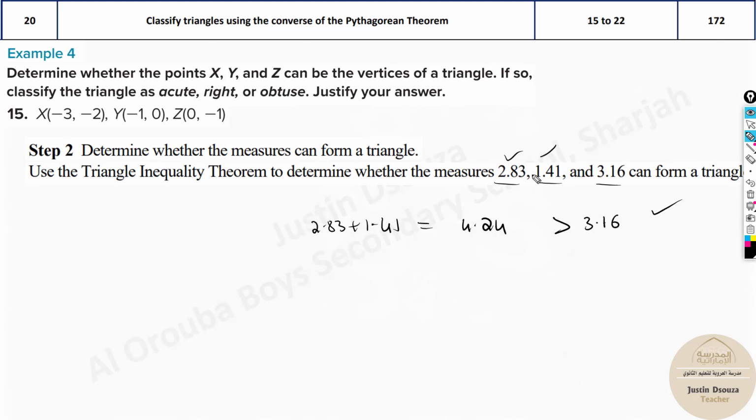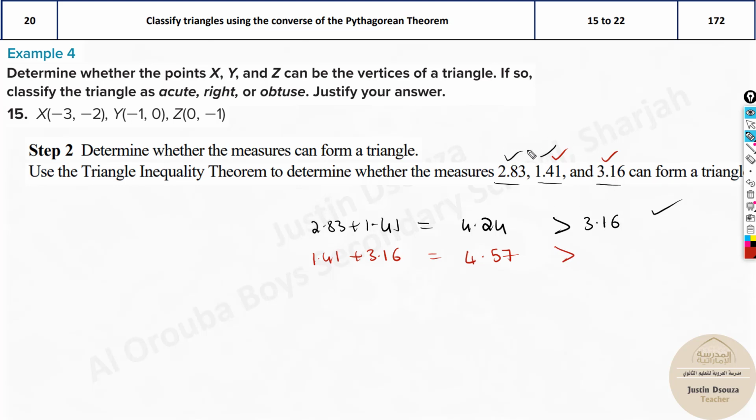Now these two sides are done. Take another two sides, this and this. Add them both. Here it will be 1.41 plus 3.16, that is equal to 4.57. This is greater than the other side.